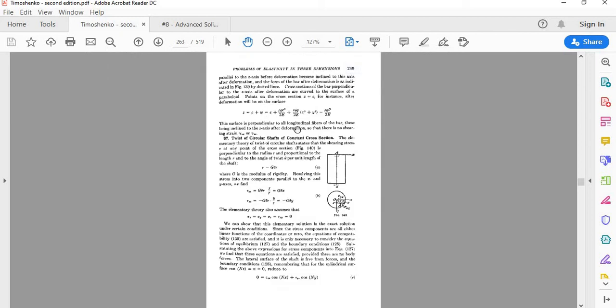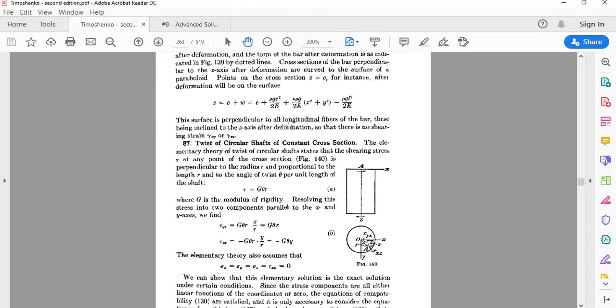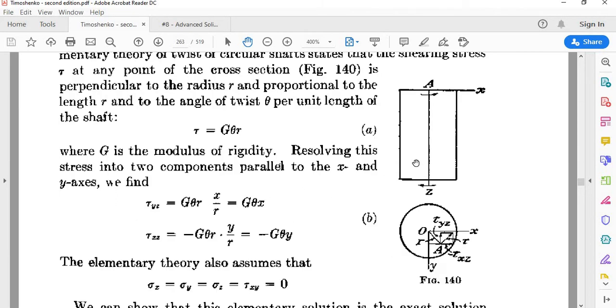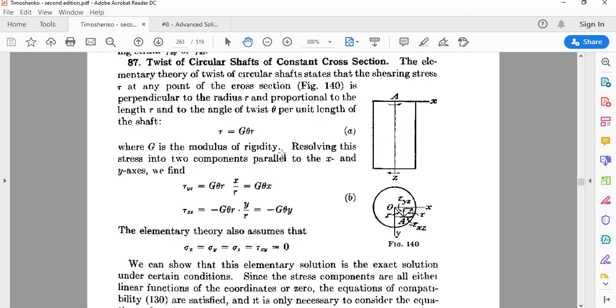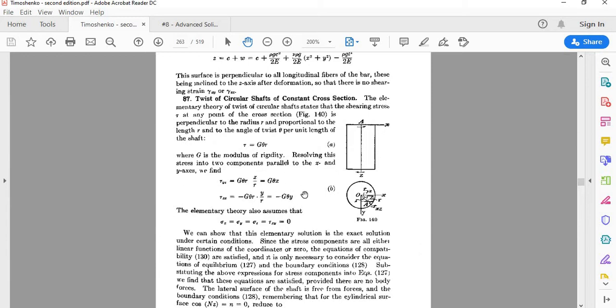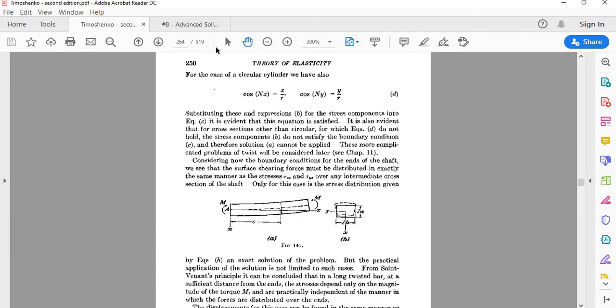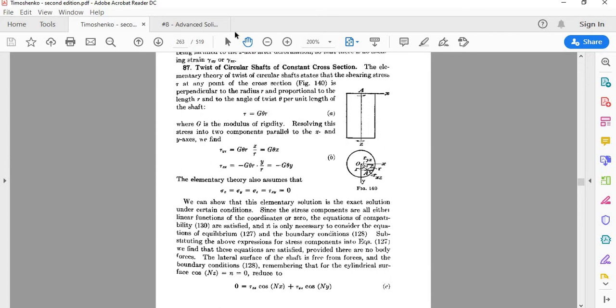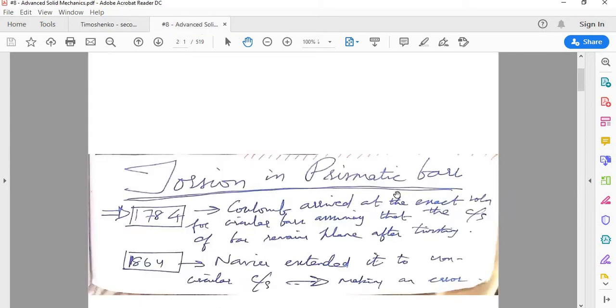Here there is only some small discussion about that, because the problem of circular shafts subjected to torsion is fairly simple. So we won't go for a discussion of this, but when we are discussing the torsion of a general cross section, we will discuss some aspects of this as well. Okay, so let us continue with the discussion.